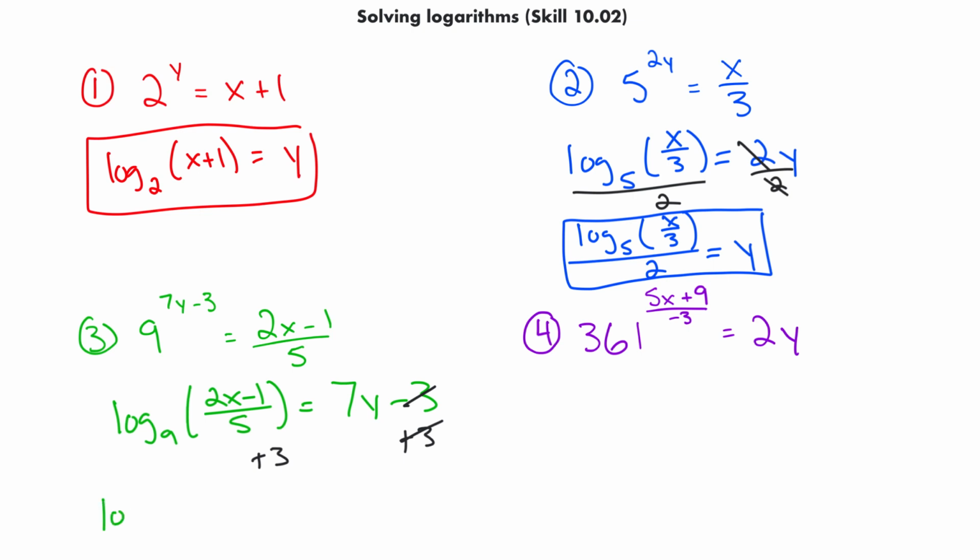I'm going to write log base 9 of 2x minus 1 all over 5, close parentheses, plus 3. You could have also written 3 plus the logarithm, the same thing. Eventually, you'll learn how to start getting stuff in and out of a logarithm. We do not have that ability yet, so you can't do anything.